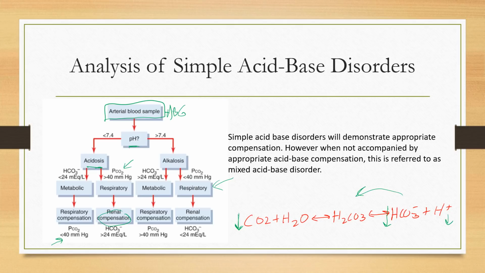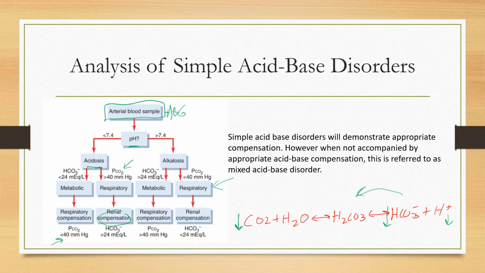So in this case, the person is hyperventilating. They're blowing off that extra CO2 in order to compensate for a metabolic acidosis. This is something you can actually see in patients, for example, in diabetic ketoacidosis. That's a metabolic acid disorder, and they often breathe very quickly. That hyperventilation is to blow off the CO2 in order to increase their pH back to normal.